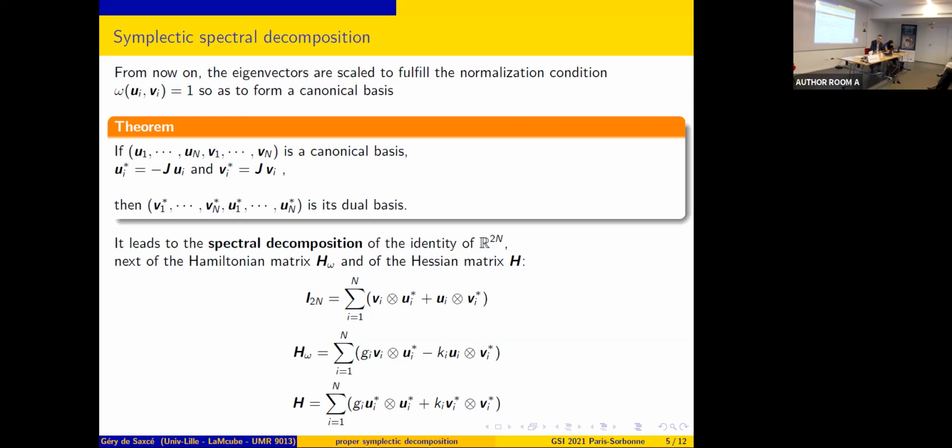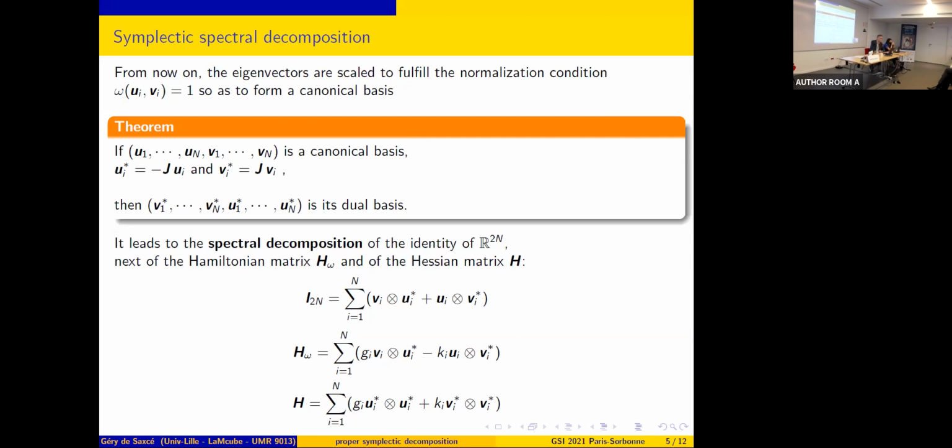From now on, the eigenvectors are scaled to fulfill the normalization conditions so as to form a canonical basis. And thanks to the skew-symmetric matrix J involved in the symplectic form, we can build the dual basis composed of V star and U star vectors.